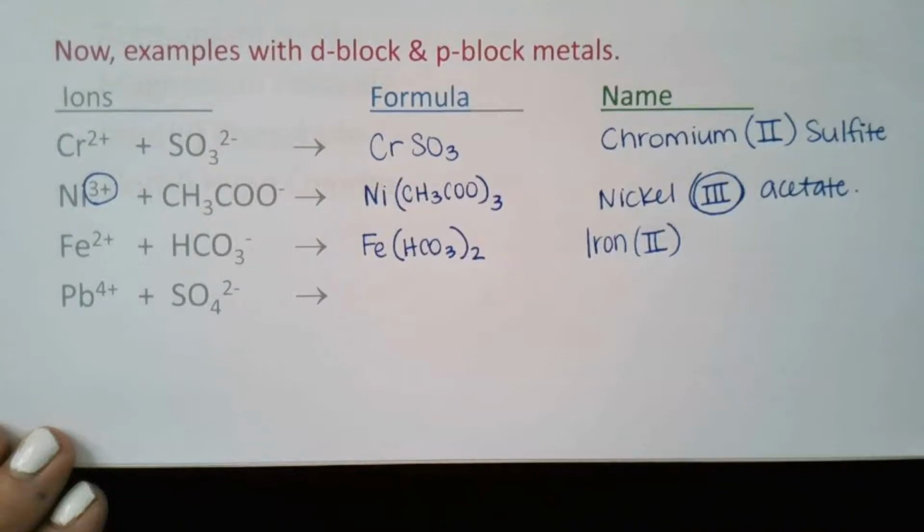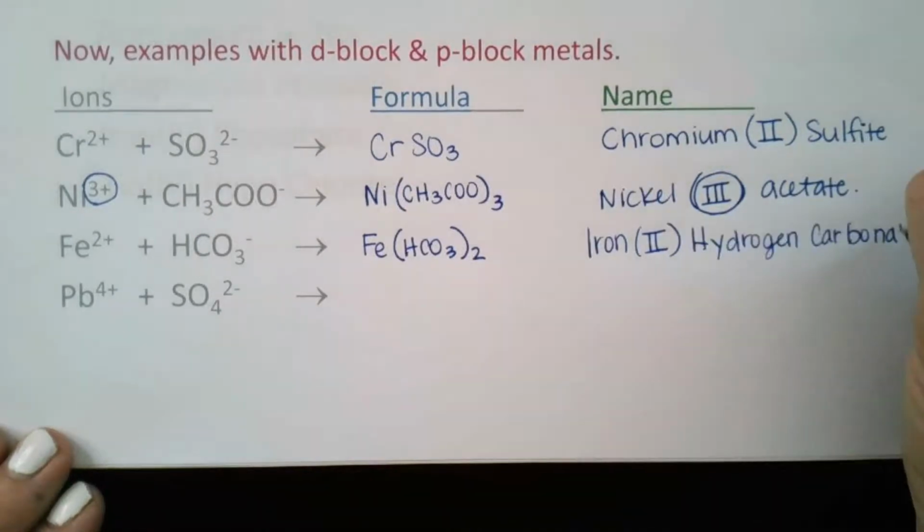And then HCO3 is called hydrogen carbonate. Some places call it bicarbonate, so you could see this written as iron 2 bicarbonate, but on your test it will be written as iron 2 hydrogen carbonate, because we're going to stay with how your book describes HCO3, which is as hydrogen carbonate.